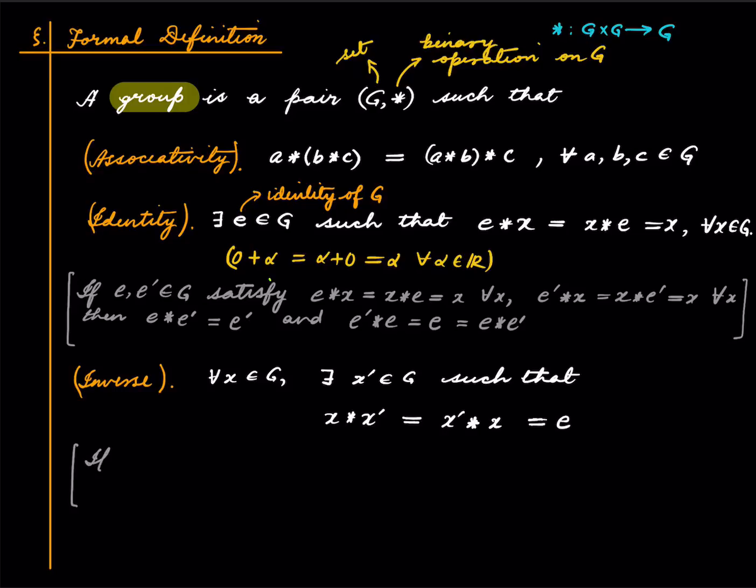So if, let's say, x prime and x double prime satisfy these two things, then we want to show that x prime equals x double prime.